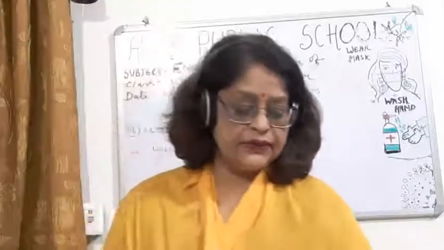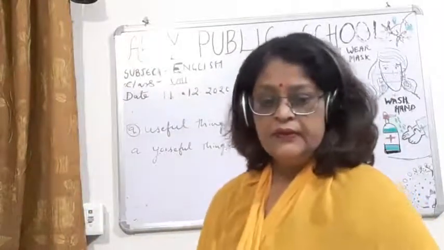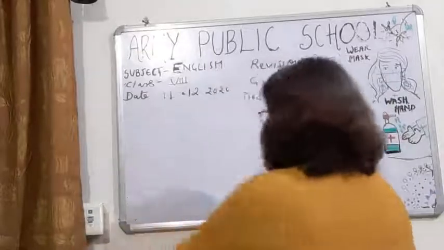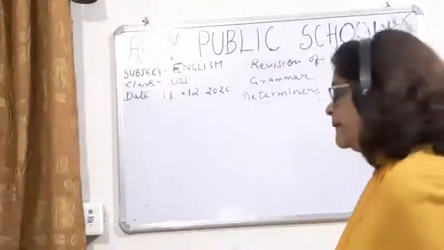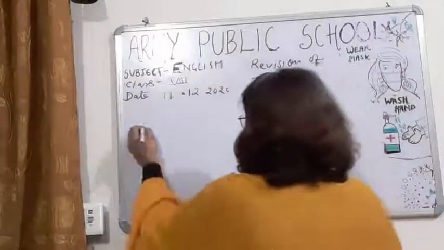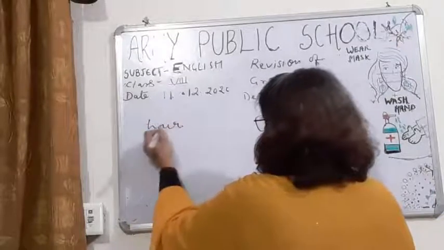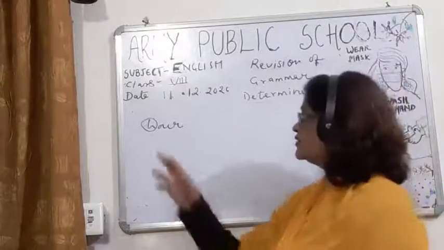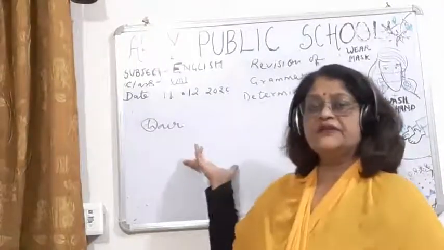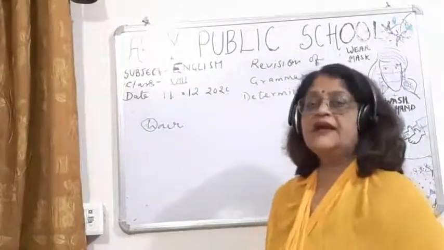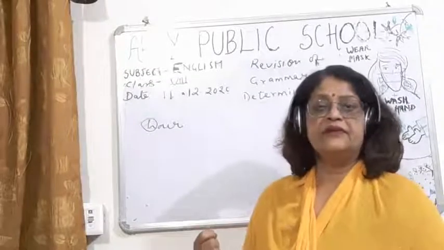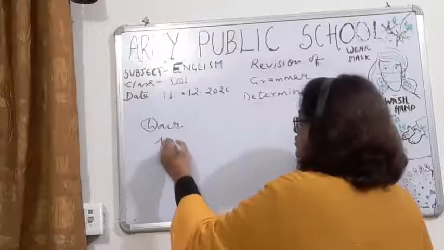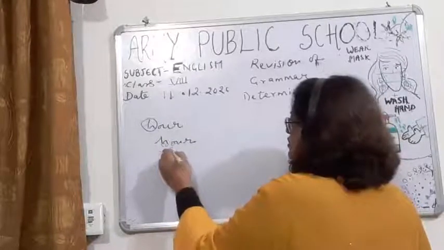Like for example, hour. As you can see, it is starting with the consonant letter H, but children, when we read it, H is silent here and we pronounce it hour.